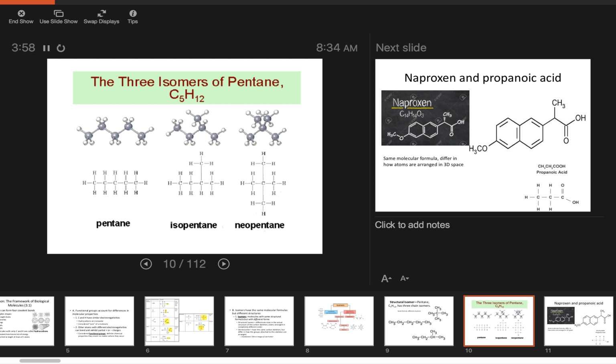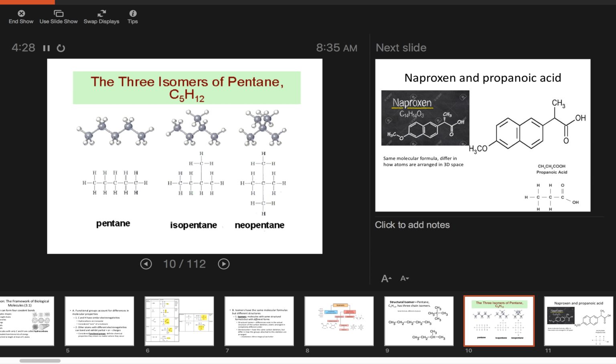But really, it should have been called nomenclature 101, because all we did was learn how to name carbon molecules. So pentane: pent, 5, and if it ends in A-N-E, single bond carbons all the way through. So, boom. And then iso, the prefix, means that there's 1 branch. It's like the I-formation in football. We have the fullback and the running back. So that's how you're supposed to remember iso. And then neopentane is like a cross.